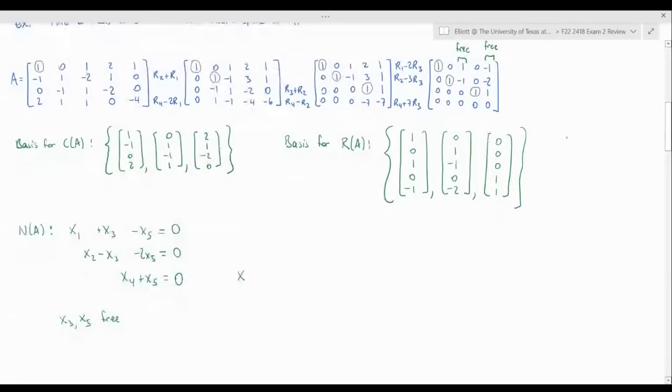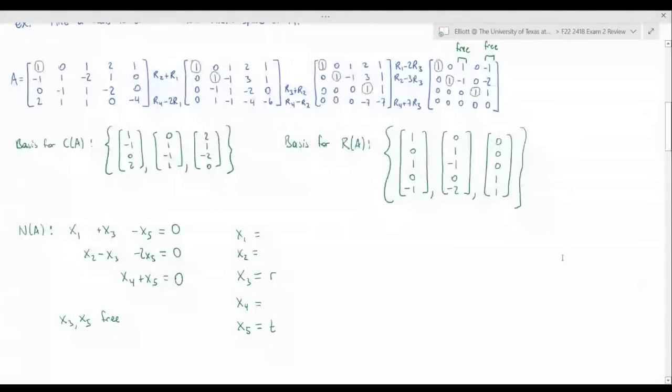And again, I just do it the way that I personally do it. So I make X3 some parameter R, and I'll make X5 T. I'll solve for X4, X2, and X1. Okay. So different people do it different ways. This is just my personal preference.